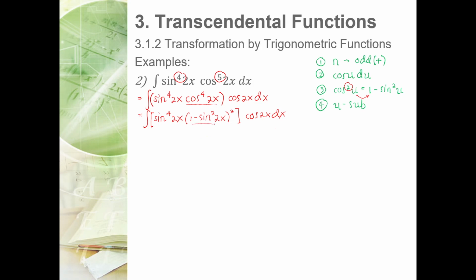Okay, so expanding this term, since this one is the square of kanang difference in binomial, diba? So integral of sine to the power of 4 2x, and then multiplied, so bracket pa di gyapon eh. So 1 minus 2 sine squared 2x plus sine to the power of 4 2x, and then we have cosine 2x dx.